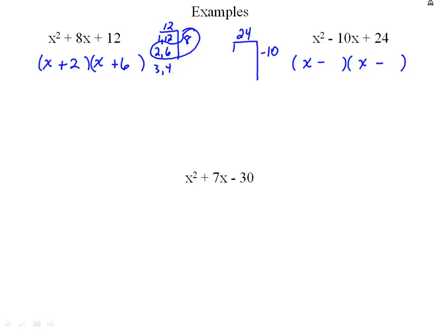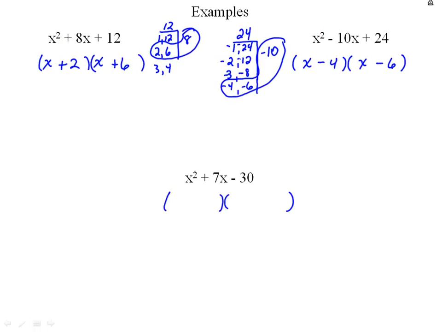So here we have 1 and 24, 2 and 12, and of course it's negative and negative. 3 and 8, 4 and 6. So you have 4 pairs, but only one pair gives you negative 10. So you get 4 and 6. Okay?